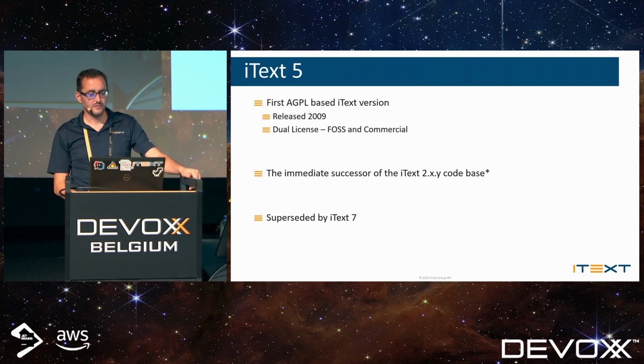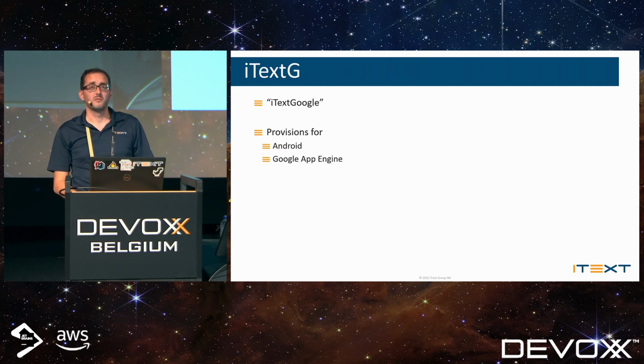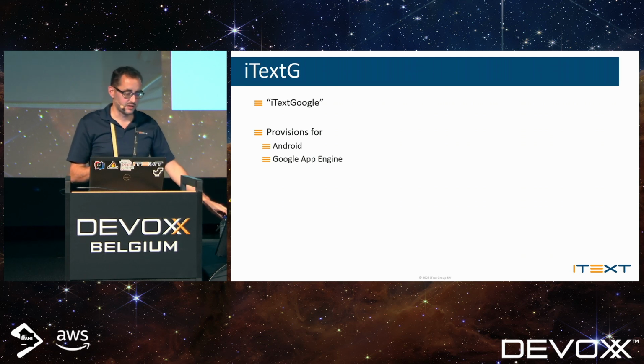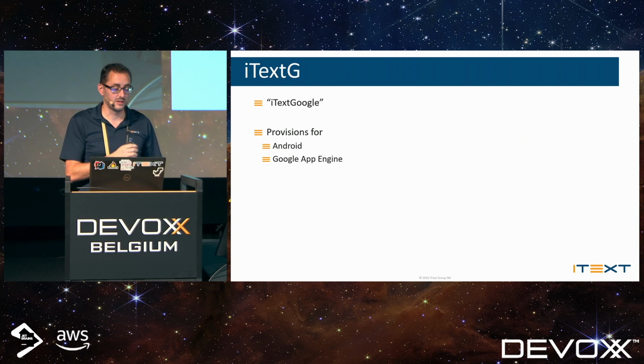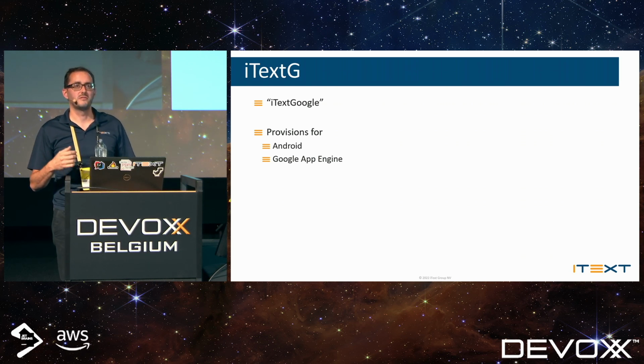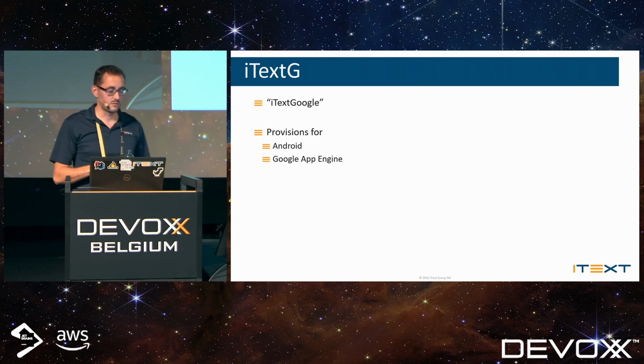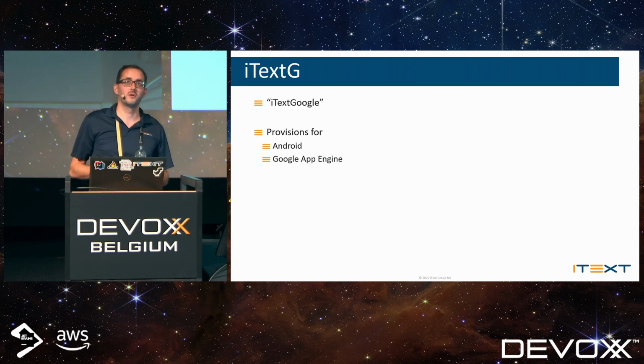So for iText 5, when I made the effort to get it on Android, we had a working name for it. We called it iText Google, because at the time, and it still is actually, there were very different provisions that you had to make to get on Android. The JVM isn't the JVM, or at least the API that is running on Android. And Google App Engine was also a very prominent thing back then. And there were some things that you had to do differently for Google App Engine and Android.